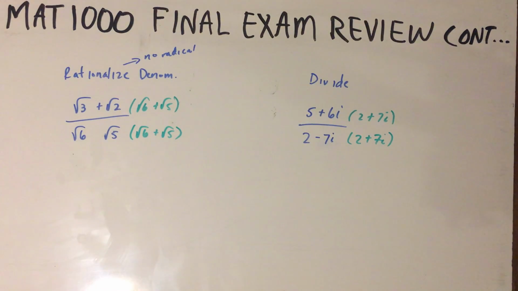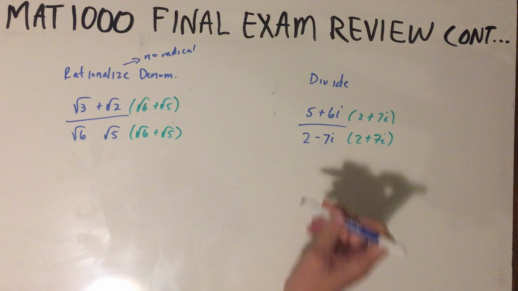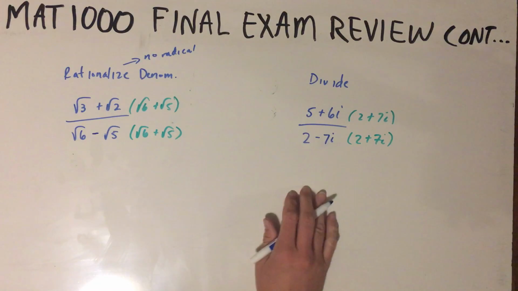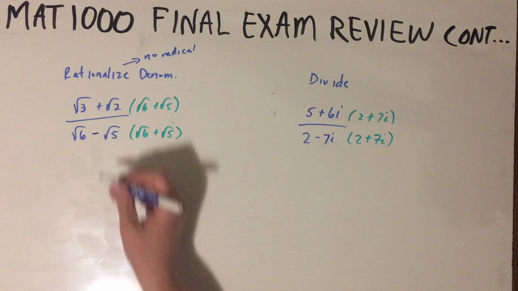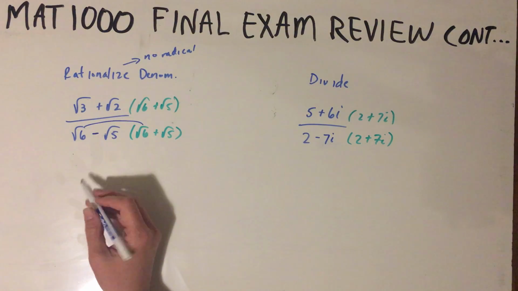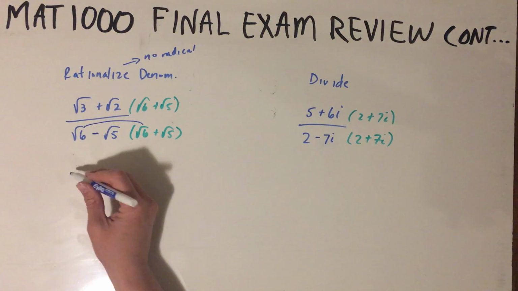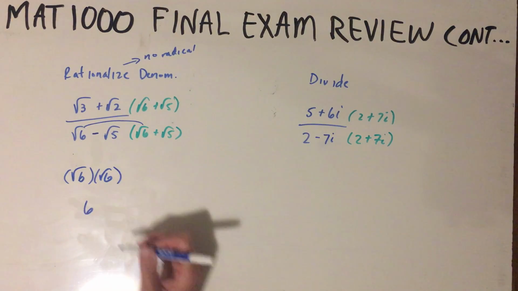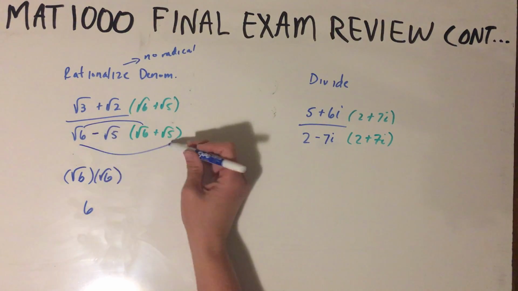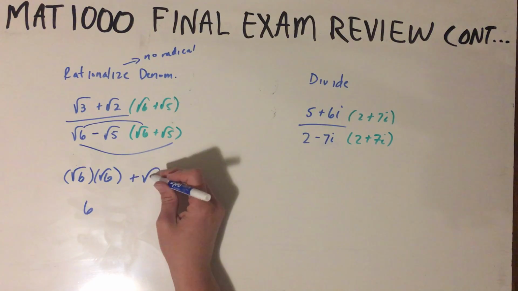So we use a conjugate to rationalize the denominator or divide complex numbers when we have two terms. All right, so when I do the first times the first, the square root of 6 times the square root of 6 is just 6. Okay, the outer is going to be plus the square root of 30.